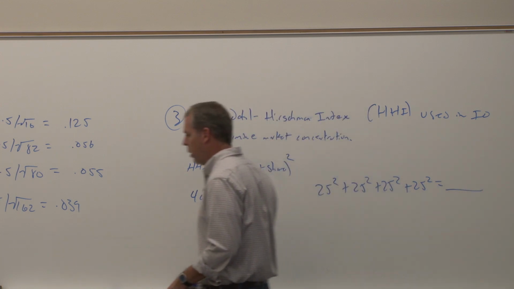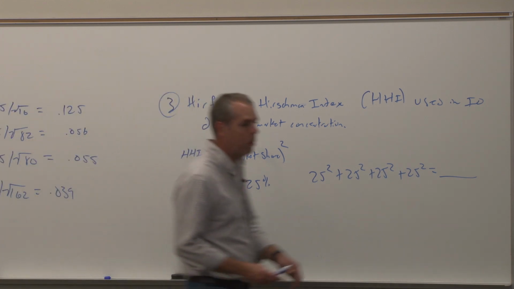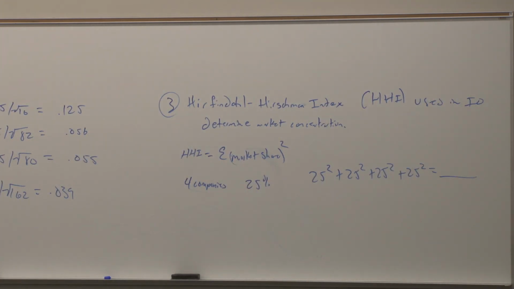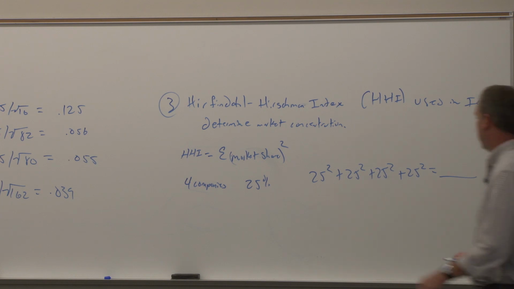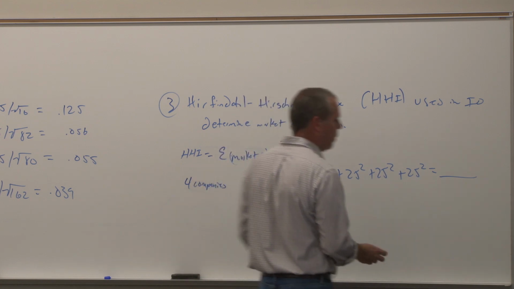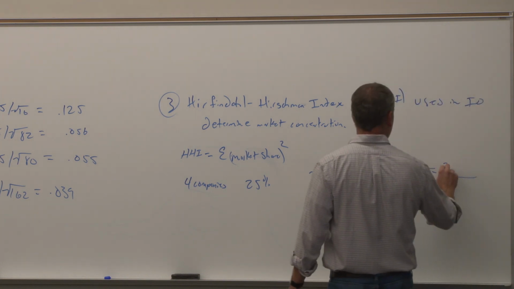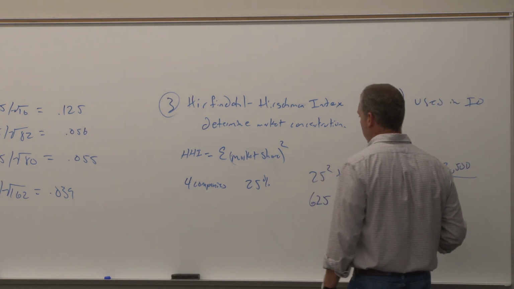I didn't bring my calculator in with me. Oh, look at this. So for this guy, 625. We would have a Herfindahl-Hirschman index of 2,500, right?